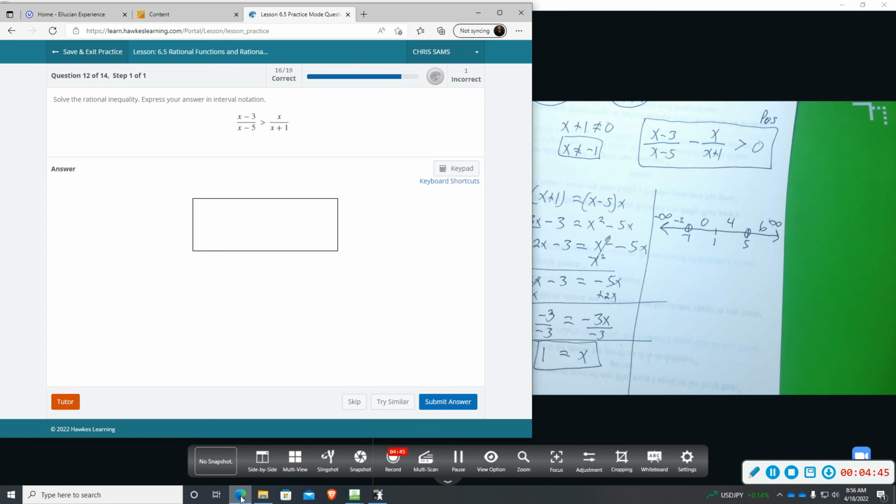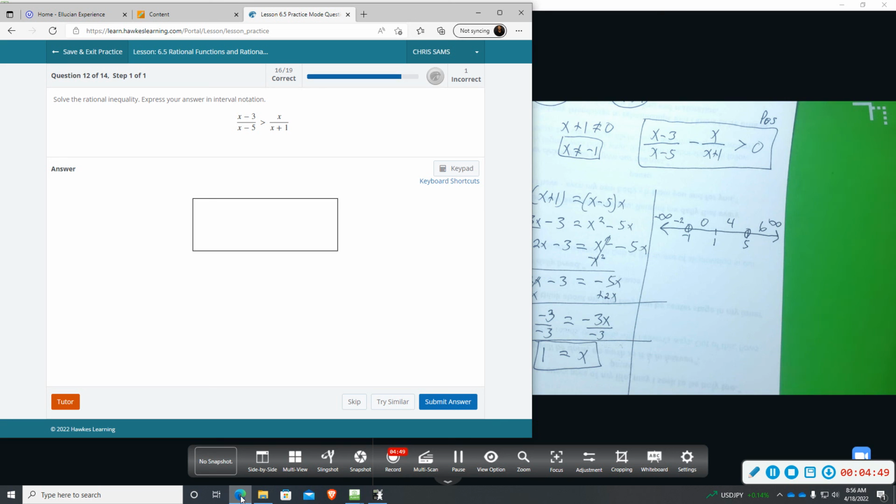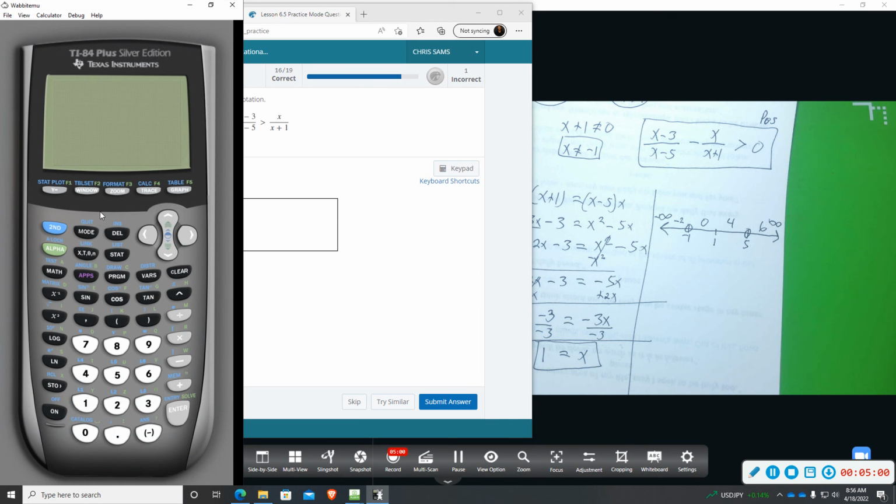So I'm going to graph this function. I'm going to type it in like this. And we're going to see which one gives us positive. Now, since these are all whole numbers, I'm just going to look at the table instead of typing them all in. Y equals, gotta turn it on, y equals, alpha, y equals, enter just to make the fraction.